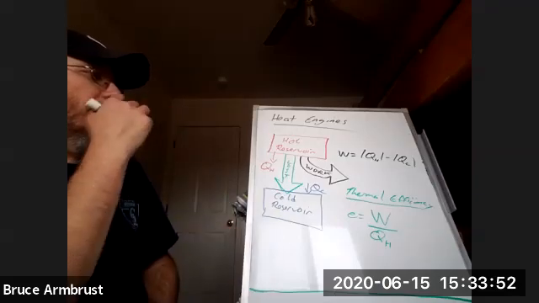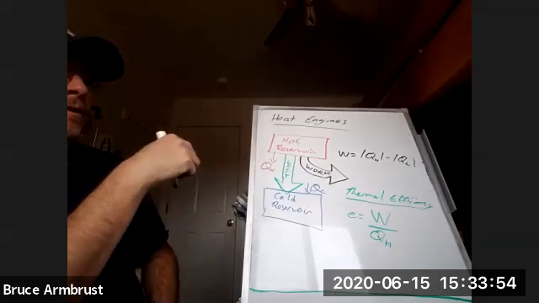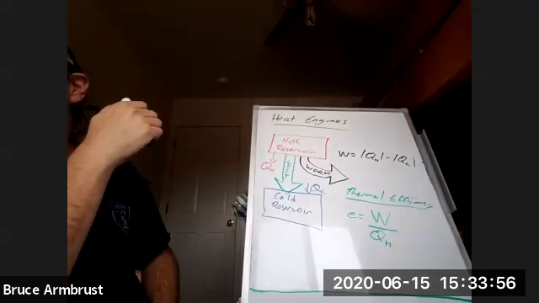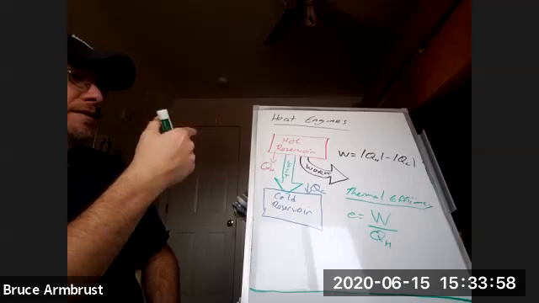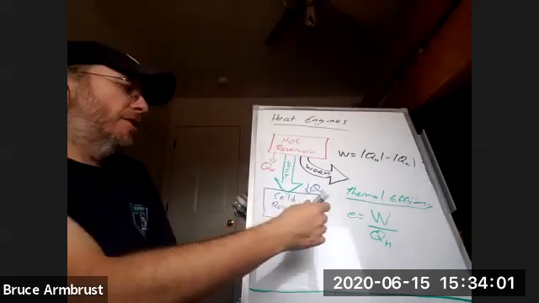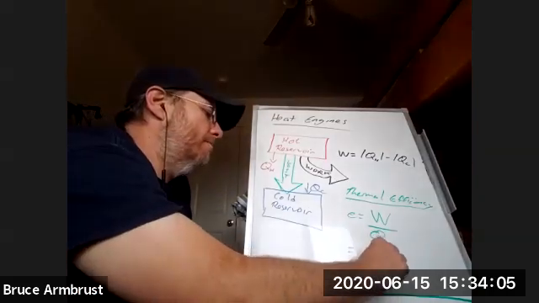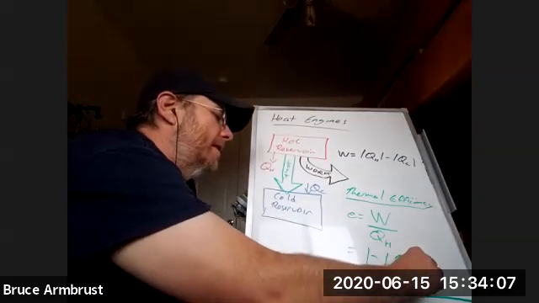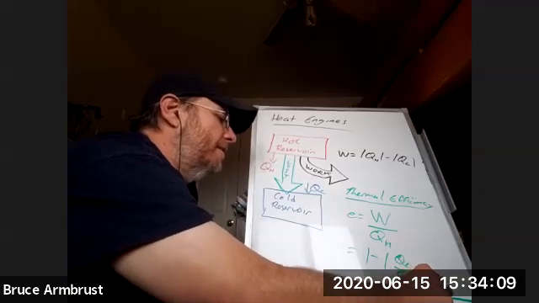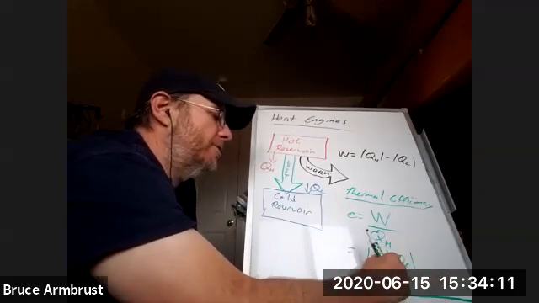All right, so you can actually change this if you use the definition of work, right? And so we can find out that this is actually the same as 1 minus the absolute value of QC over QH.